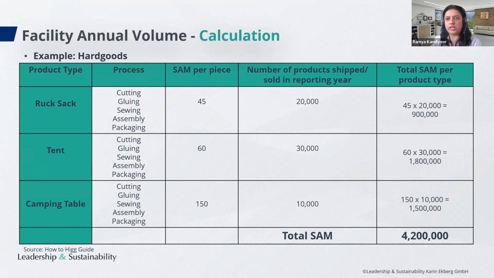The examples we have taken here are rucksack, tent, and camping table, but you can also have many different other articles that you produce. So here you have the total SAM per piece, what is the total shipped products, and then you are multiplying this in order to get a total SAM per product type, which you are going to add up for all the products that you manufacture.